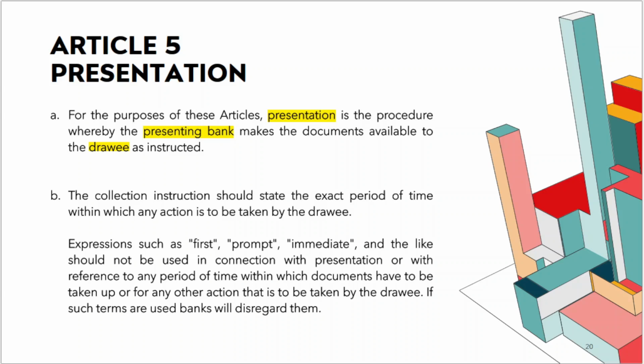The very first thing is there should be an exact period of time mentioned with regard to any action that is to be taken by the drawee. So you can't just be vague in terms of the time you give for a drawee to do a particular action. You have to make sure that it is precise.